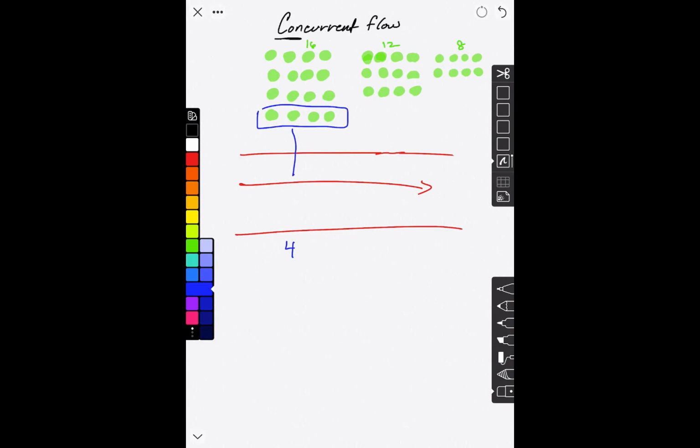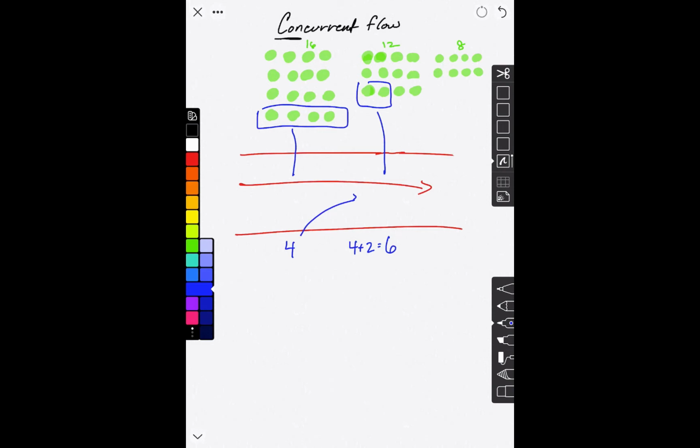What that means is that to reach equilibrium, now we can only really grab 2 more and get to 6, because this 4 is going through the blood.